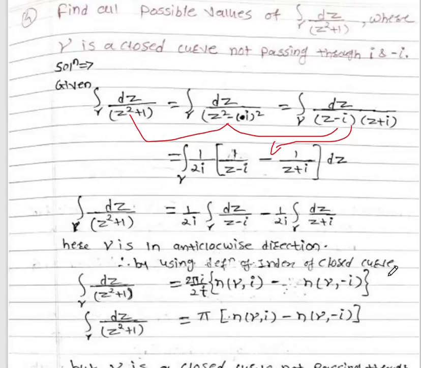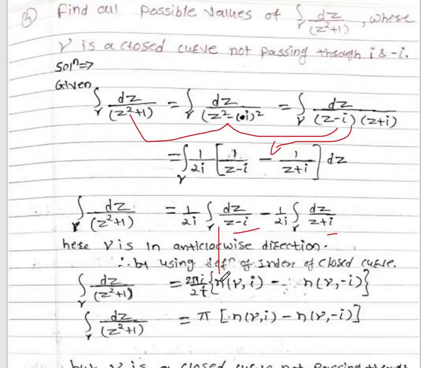The integral of gamma dz upon z square plus 1 equals 2 pi i into the index n of gamma at i, minus the index of the closed curve gamma at the point minus i.